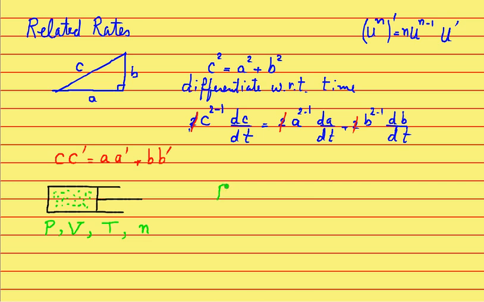A simple relationship that connects them says that, for example, P times V is equal to some constant, typically referred to as R, times N times T. Never mind where this relationship comes from, it's just something rather reasonable that connects these quantities to each other.